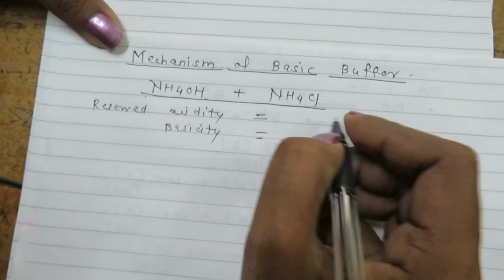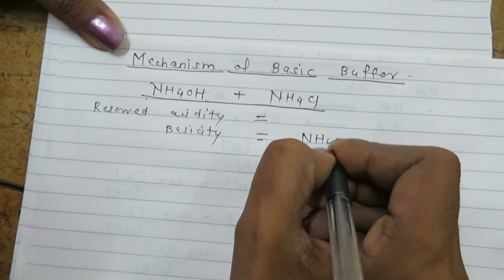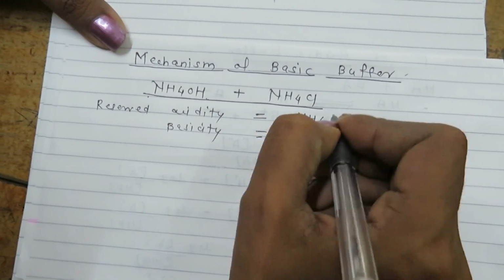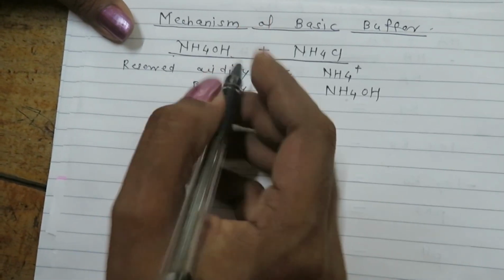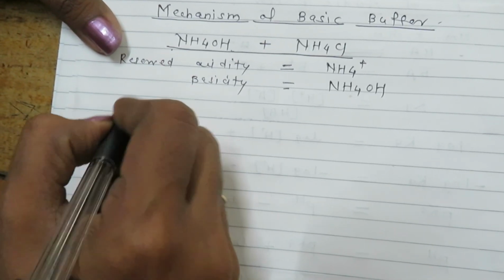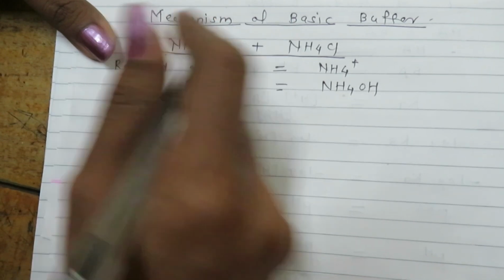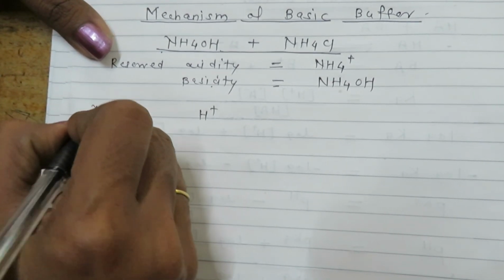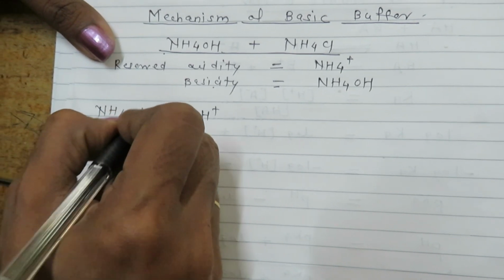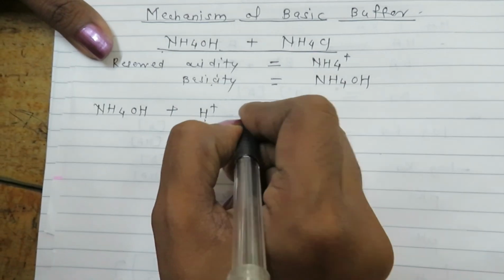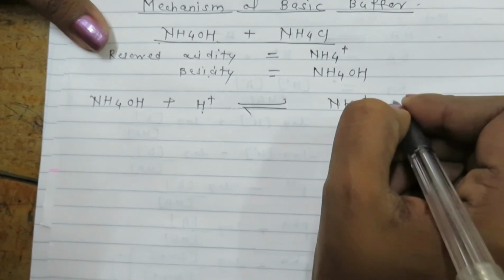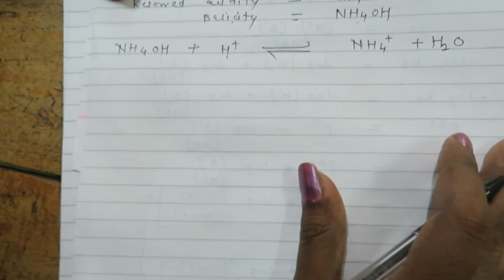Reserved basicity is NH4OH and reserved acidity is NH4 plus. What happens when acid is added to such buffer, then basicity, NH4OH, combines with the added acid and forms NH4 plus and a water molecule.